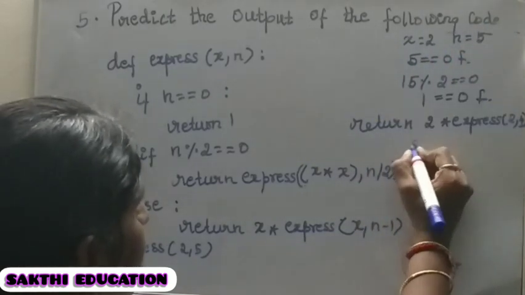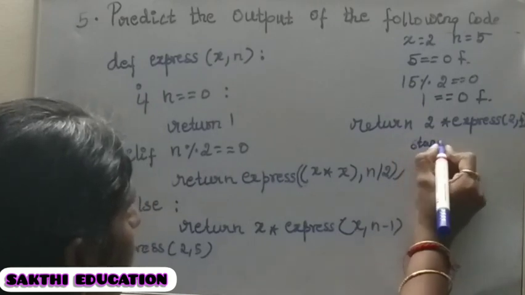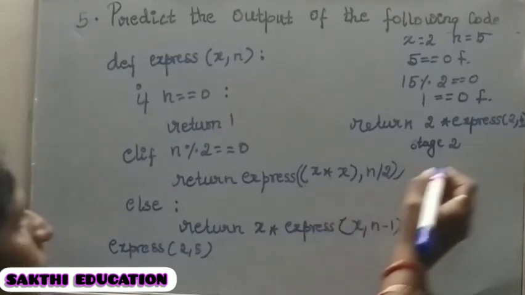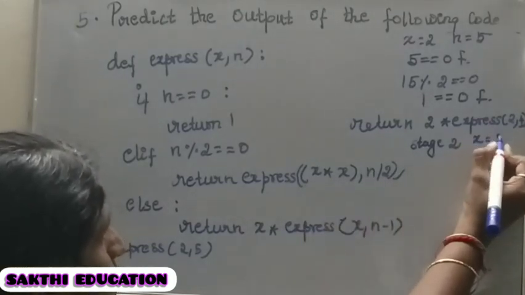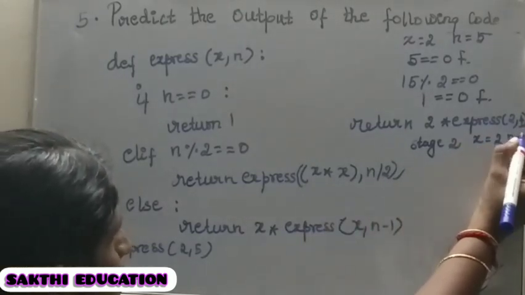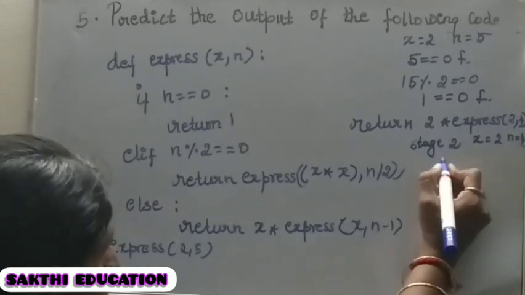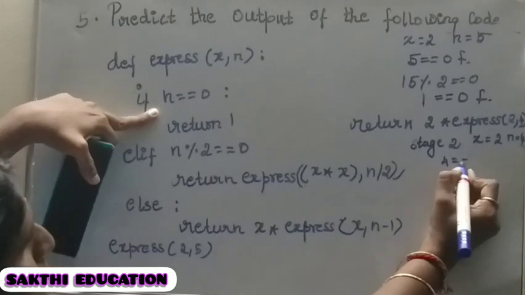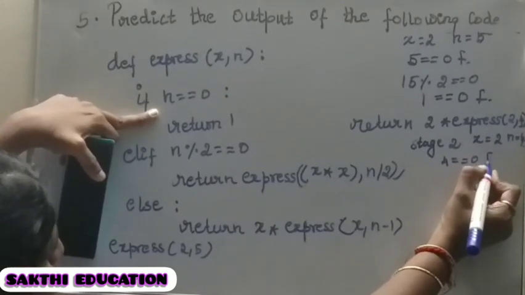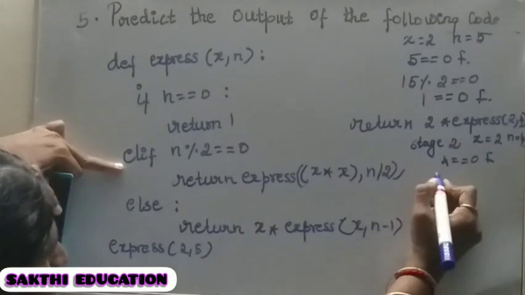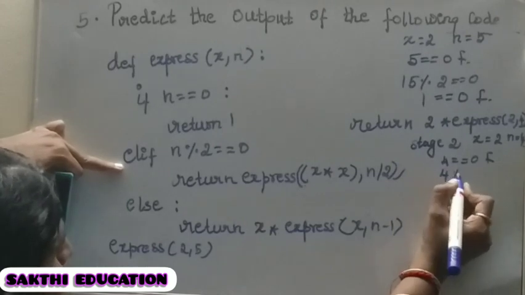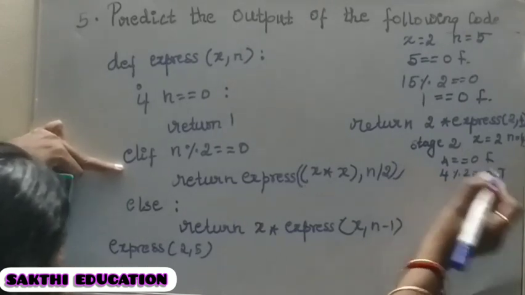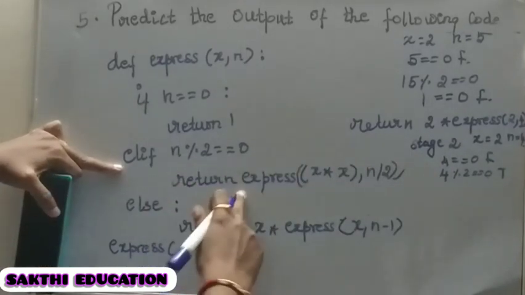So in stage 2, x value is 2, n equal to 4. Now you are checking 4 equal to 0. It is false. So we are moving to the elif part. 4 modulus 2 equal to 0 will be satisfied. So it executes this one.